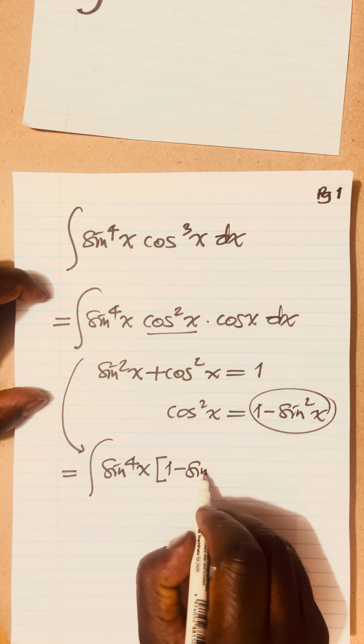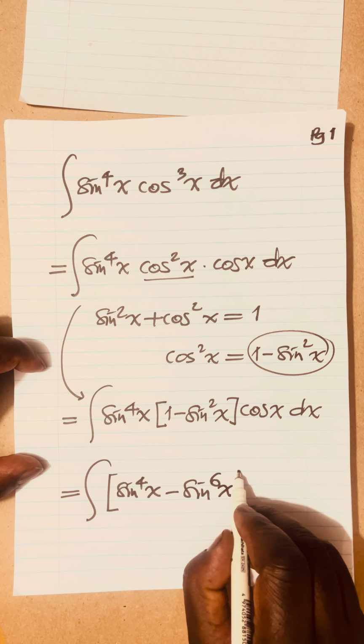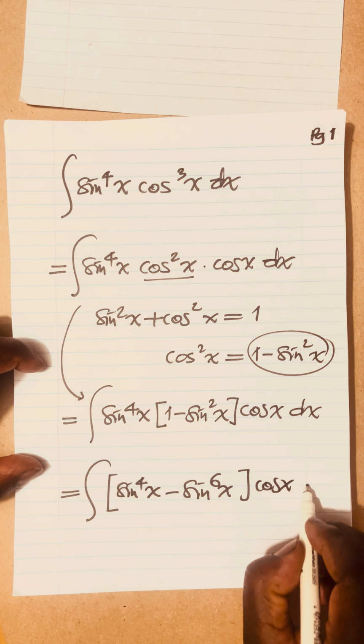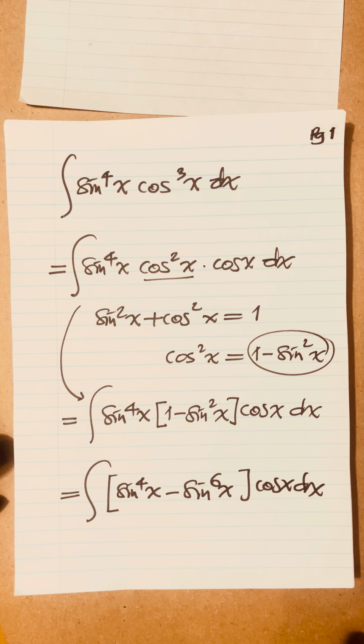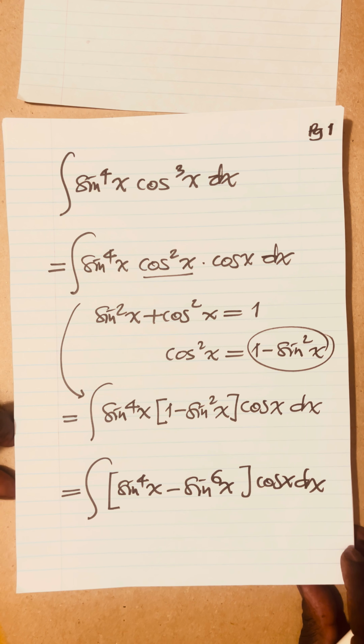I'm going to keep this one out the way it is. This is the same as the integral of distributing there, you'll agree with me, and maintaining the square brackets. We have sine to the power 4 of x minus sine power 6 of x, and then we have cosine of x dx. I hope you can follow what I'm trying to do there.